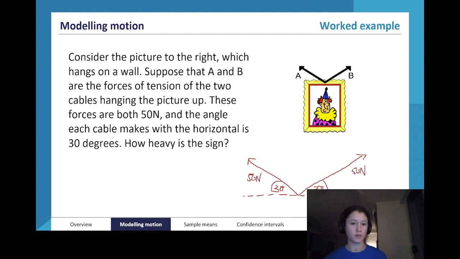Now, we want to figure out how heavy the sign is. So we know that we need to include F equals ma somewhere. So let's have a think about this. We want m as the unknown.